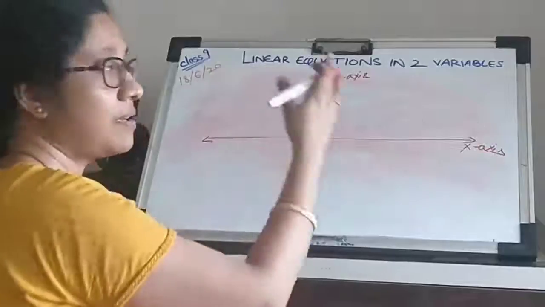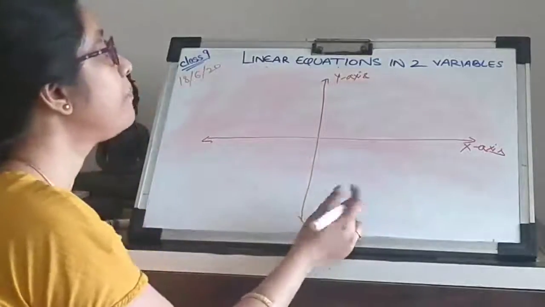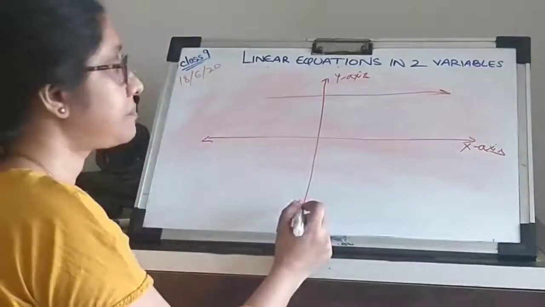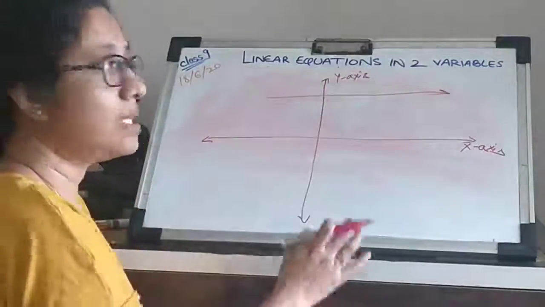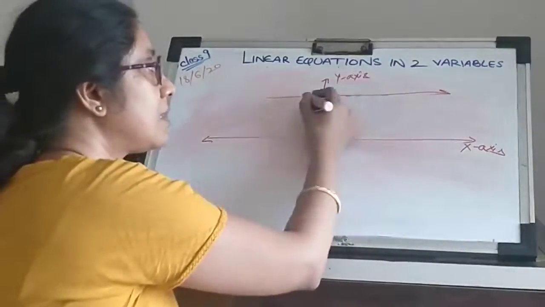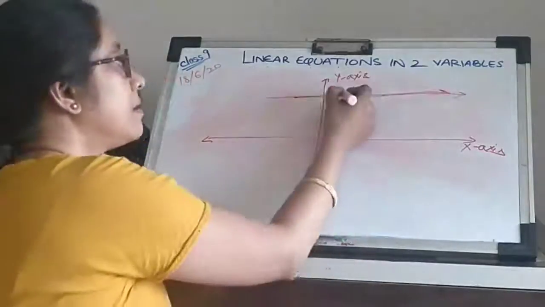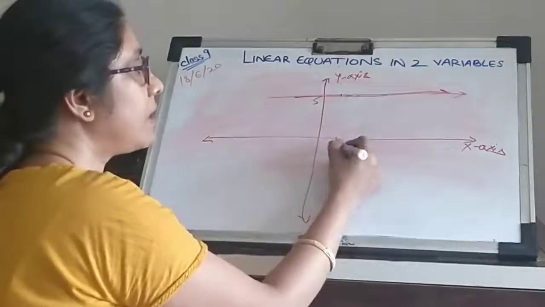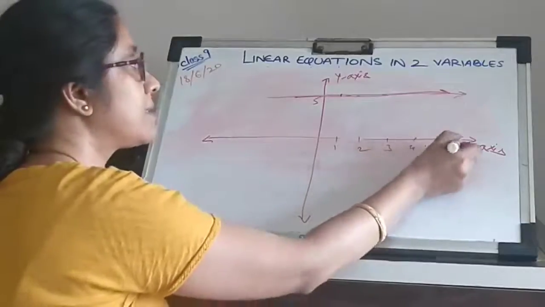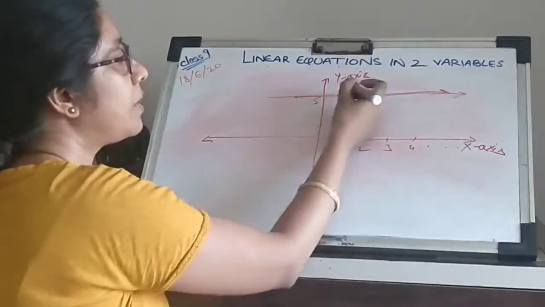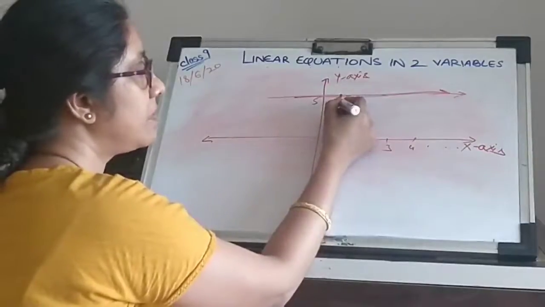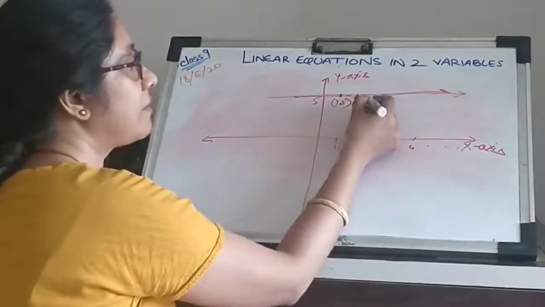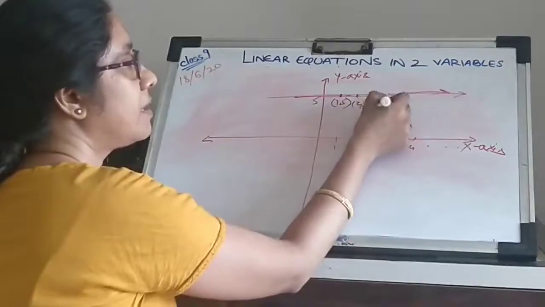Let's say this is my line parallel to the x-axis. What is common about the points that lie on it? Let's say this is y equal to 5. The points will be (1, 5), (2, 5), (3, 5), and so on.